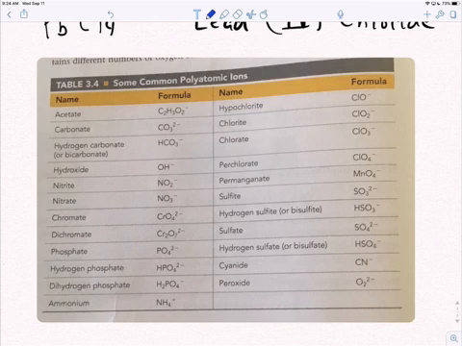And the bicarbonate of soda, sometimes referred to as sodium bicarbonate, also known as baking soda, that is HCO3. So bi can mean an extra H as well. So if you see something like bisulfide or bisulfate, the bi means a hydrogen. And that is a common name, not a formal name.